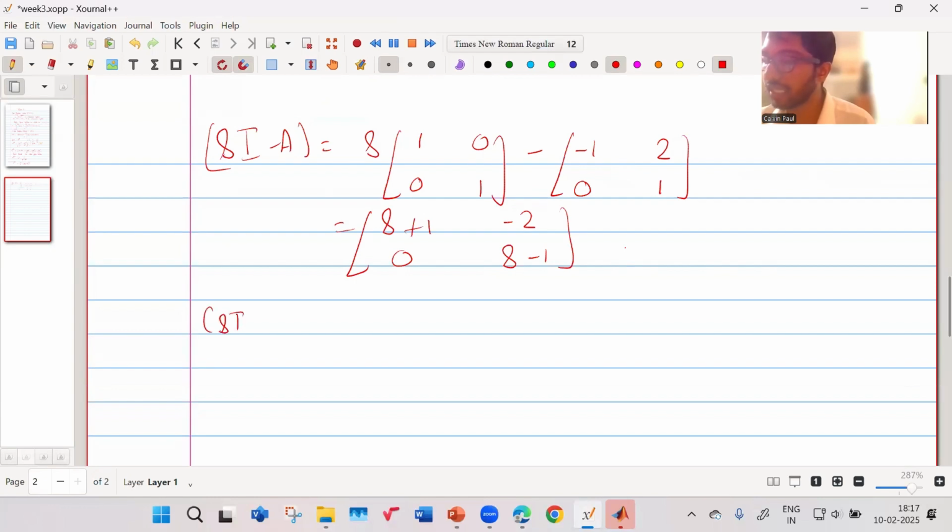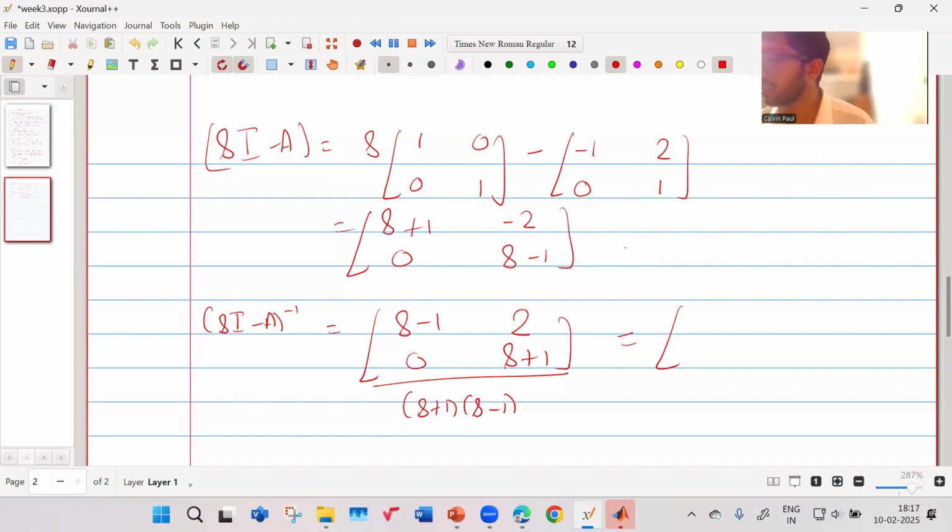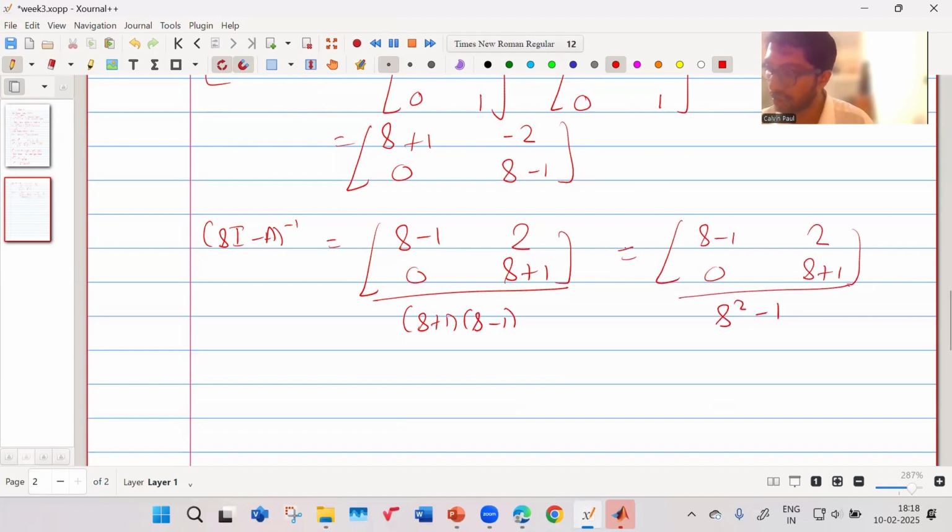We interchange the diagonal terms, so this becomes s minus 1, s plus 1, and we change the sign of the off-diagonal terms. So this becomes 2, 0 upon s plus 1 into s minus 1, which is s minus 1, 2, 0, s plus 1 over s square minus 1. This is sI minus A inverse.